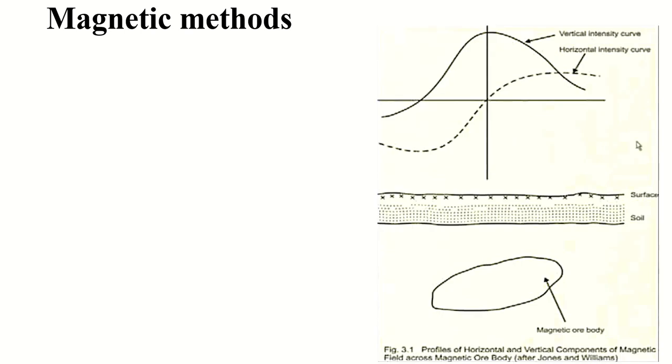So what is the magnetic method? The magnetic method tells about the magnitude and locations of the magnetic ore body based on the variations of the vertical and horizontal intensity.